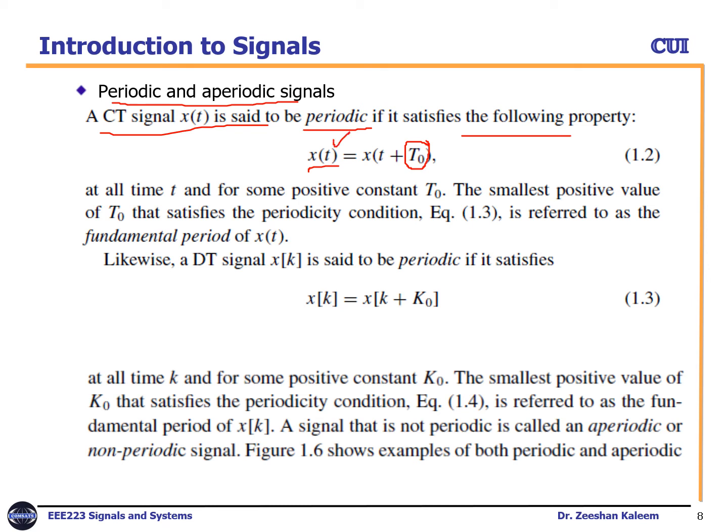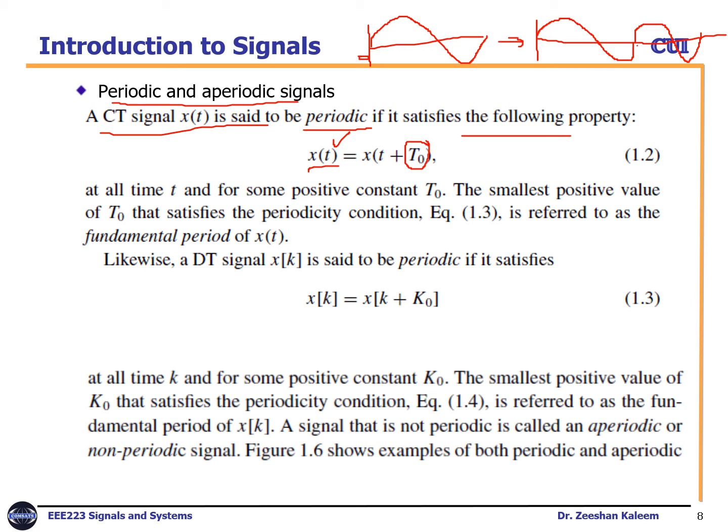For example, you are much familiar with the sine wave. It's an easy example to explain. It starts at 0 and ends at some value. It is called periodic if it repeats after time interval t naught again.